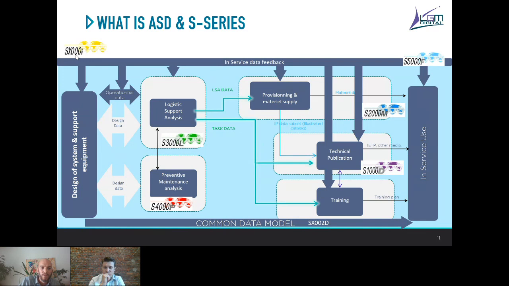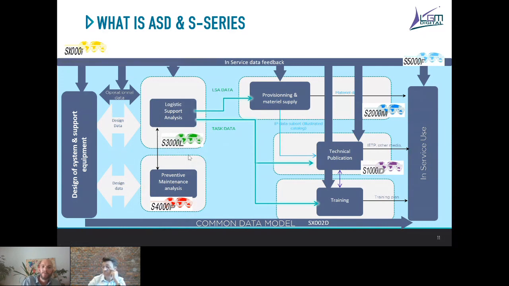So it's easy to identify each specification with the last letter. For example, you have the S4000P, P for preventive, so preventive maintenance analysis. You have the S3000L for the logistic support analysis, L for logistic.